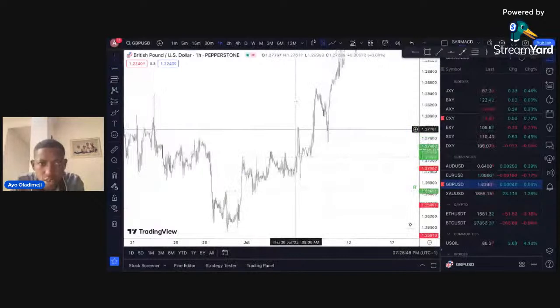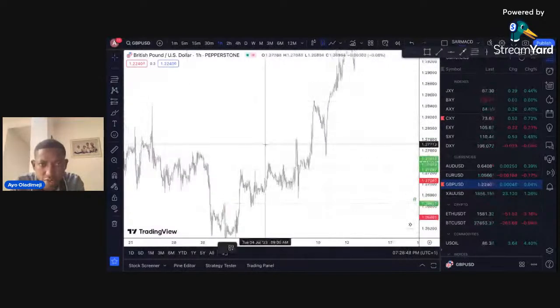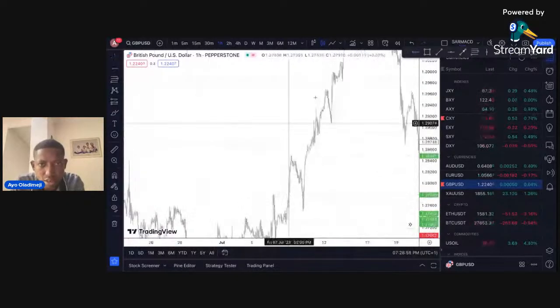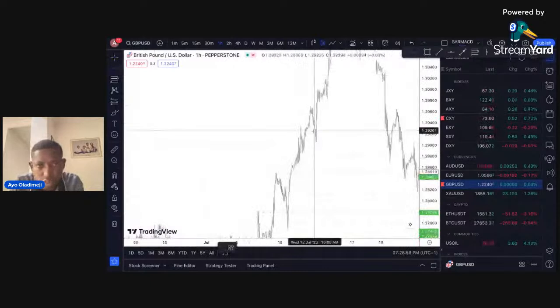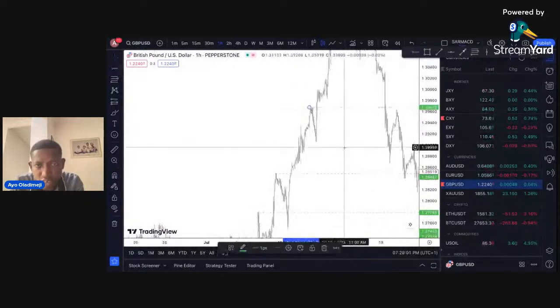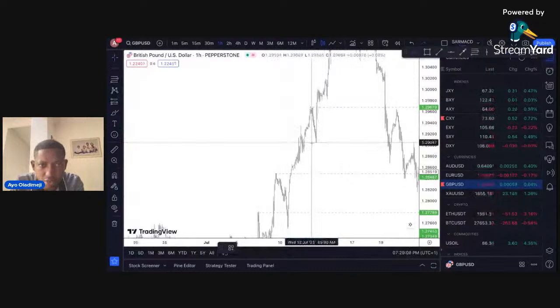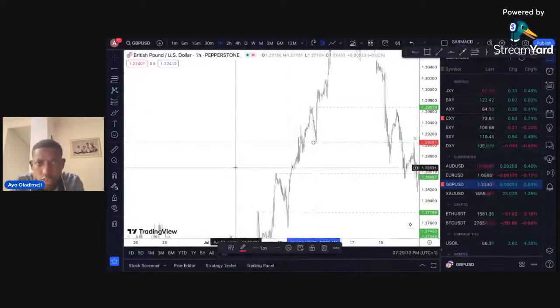You can see all these levels of resistance here. We have a resistance here. I can just identify this level, and then here we have a support.